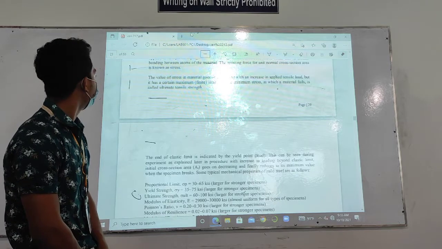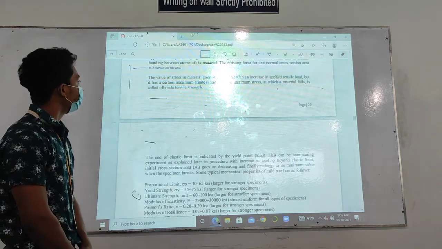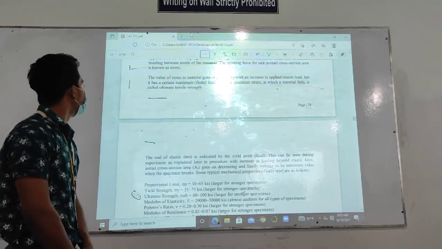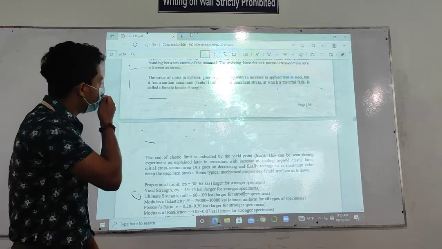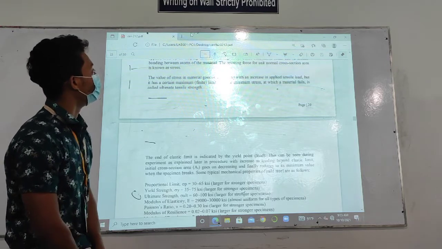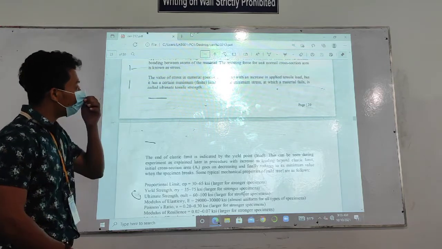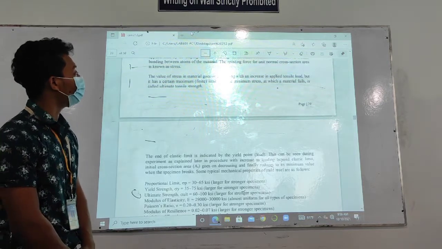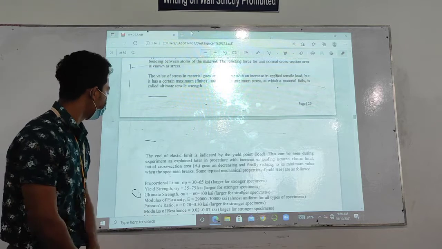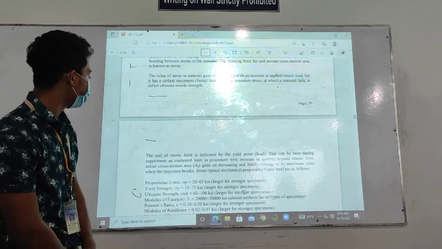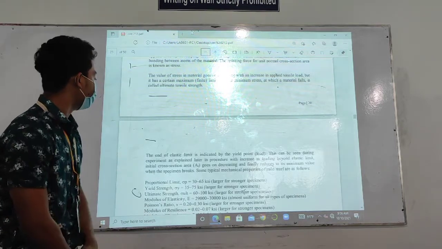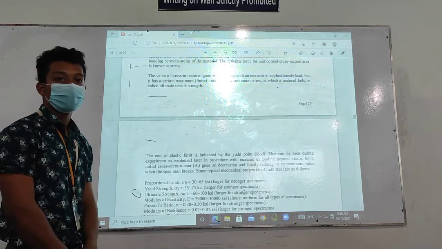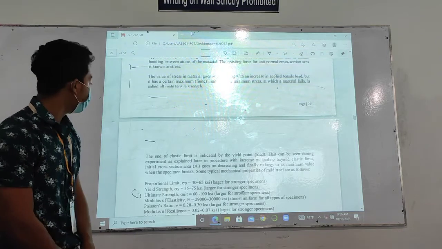Now I am talking about the value of stress in material, which goes on increasing with increase in applied axial load, but it has a certain maximum limit. The maximum stress at which a material fails is called ultimate tensile stress. It means the maximum force before the failure occurs. The end of the elastic limit, which is the limit per unit area within which the material behaves elastically.